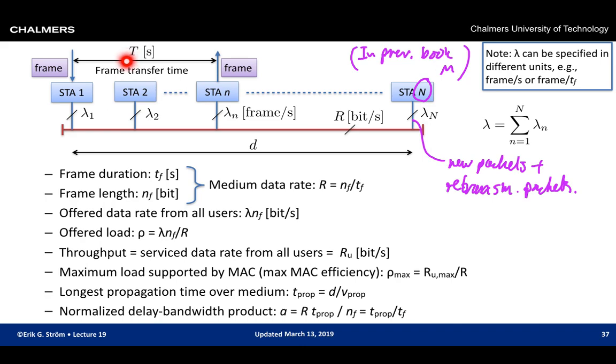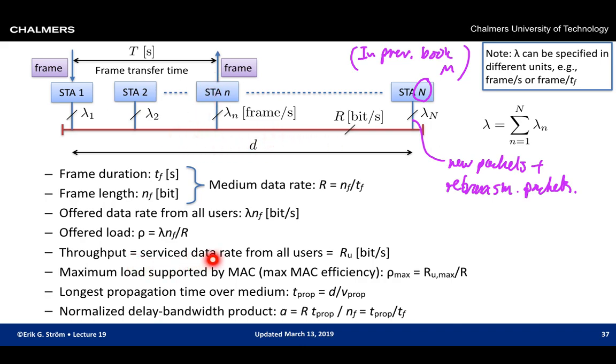So the useful data rate from all users is a measure of how many frames are delivered per second multiplied by the number of bits per frame. There might be a lot of bits being transmitted here, but not all of them are useful in the sense that they are actually delivered, because there might be retransmissions and so forth.